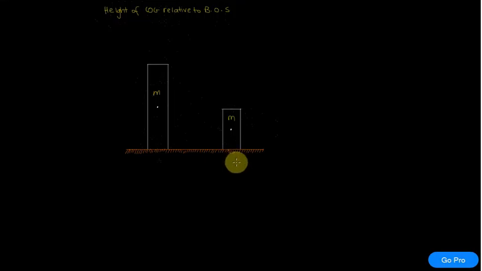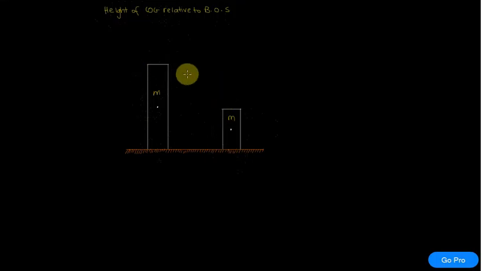The only difference is that one is significantly taller than the other. So you would notice there will be a difference in terms of the heights of their centers of mass.